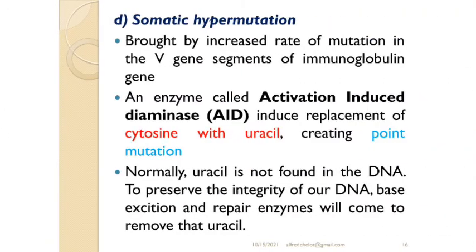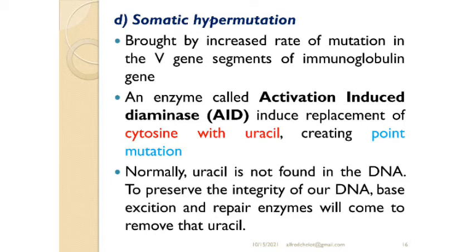So next we look at somatic hypermutation. Somatic hypermutation is brought about by an increased rate of mutation in the V gene segments of immunoglobulin genes. An enzyme called Activation Induced Deaminase, abbreviated as AID, is going to induce replacement of cytosine with uracil, and that is going to create a point mutation.